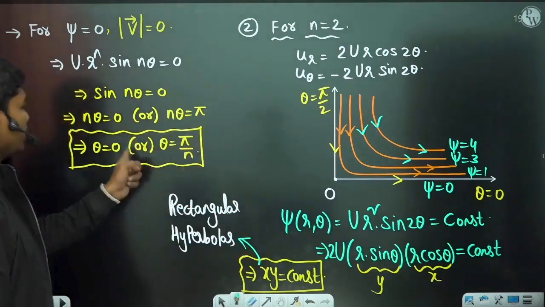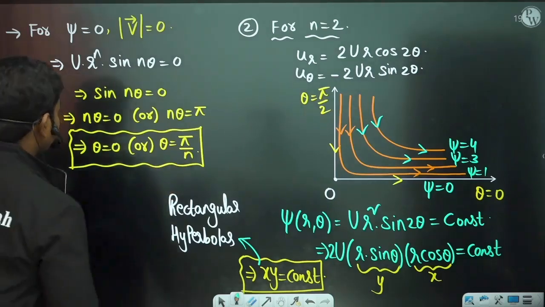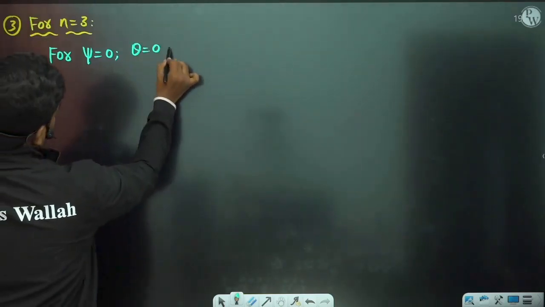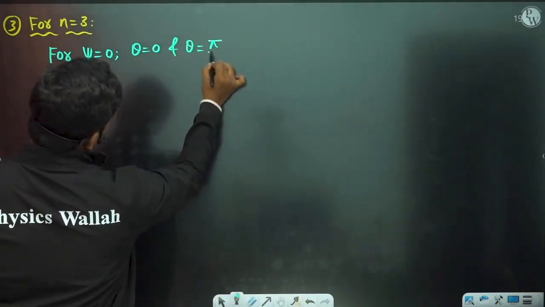If theta is equal to 0 or theta equal to pi by 3, in place of n you are keeping 3 now, so theta equal to 0 and theta equal to pi by 3.